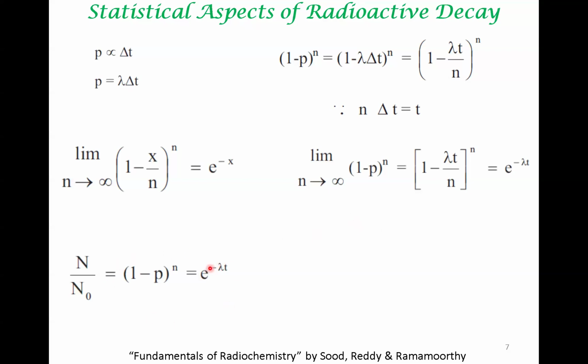Putting all these together, you get this expression. Therefore, you can get this formula. So what have we done? Here we have used an alternate definition. We have derived the same thing via solving the differential equation, but we have used this statistical aspect of radioactive decay.